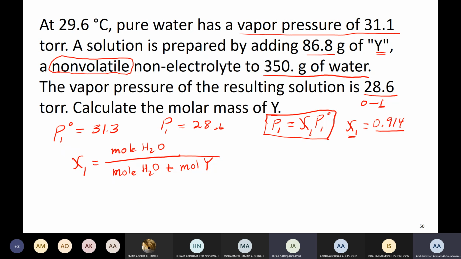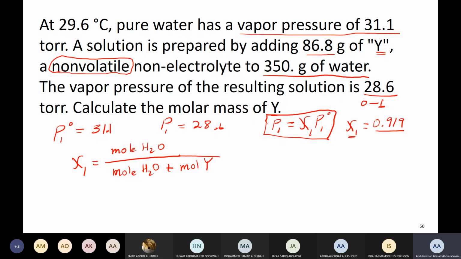Oh yes, I always make these mistakes. Good, thank you again. So 31.1, and this one is 28.6, giving 0.919. I agree. Okay, good, that's right.